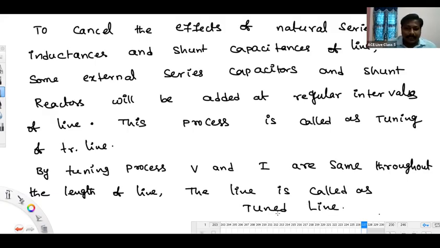Flat line behavior comes without keeping any extra elements, when voltage magnitude and current magnitude are the same throughout the length. After keeping extra elements, if you get that behavior, the line is called a tuned line. Flat line will exist only for ZL equals ZC.